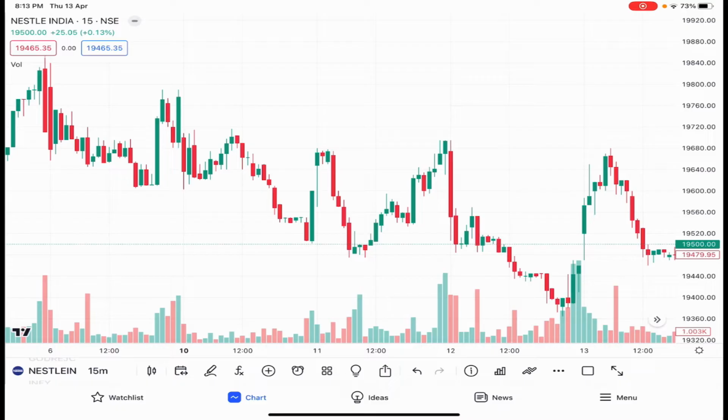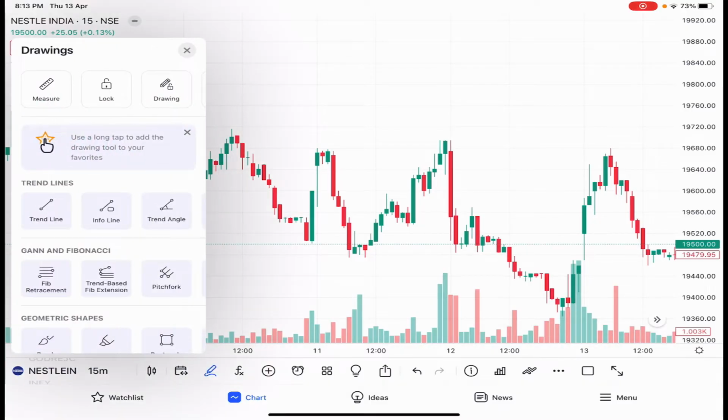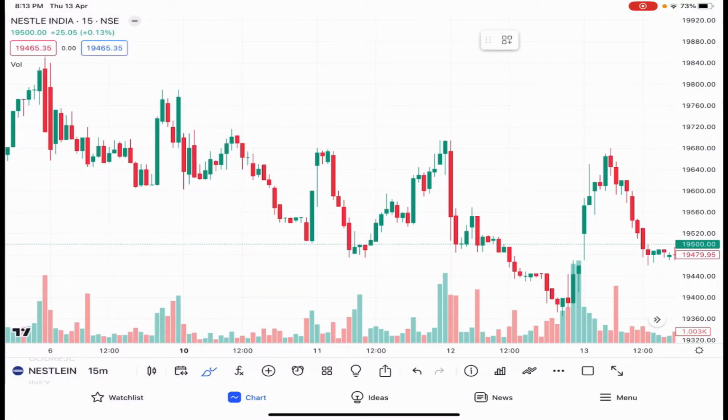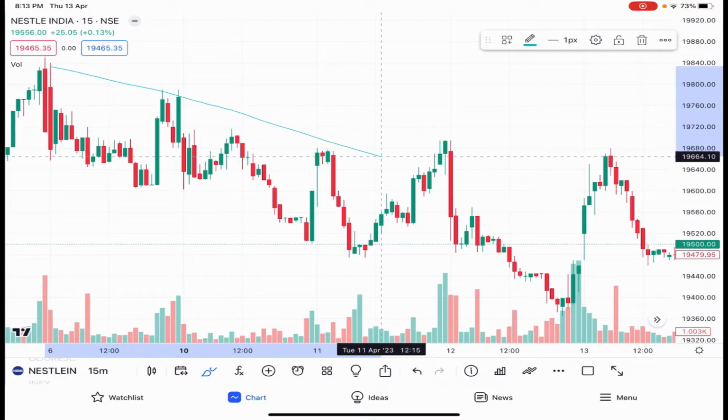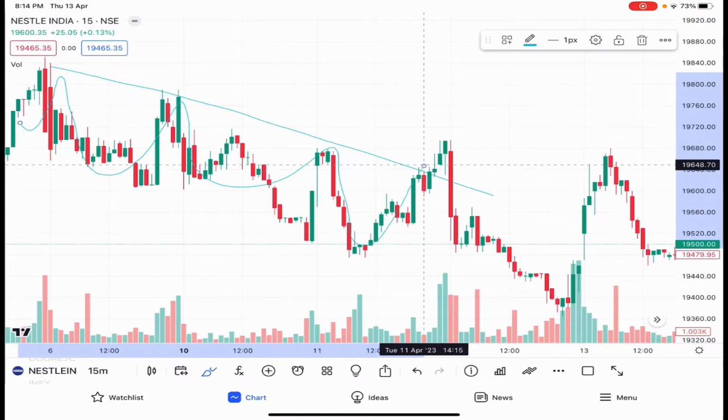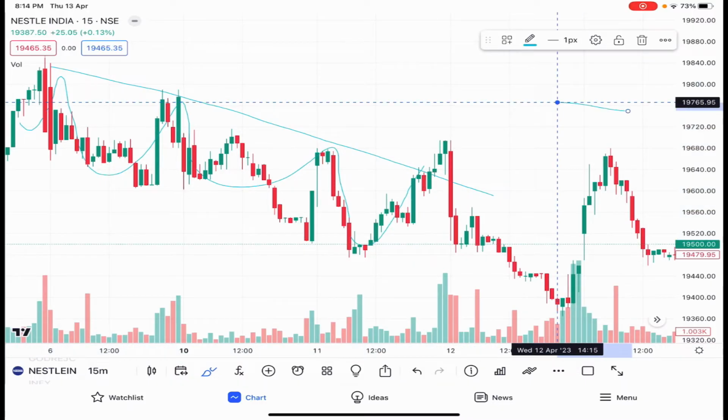For example, let me show you. Look at this. You see that the price is going down in a downtrend. So that is a trend which we have identified, right? Moving on.